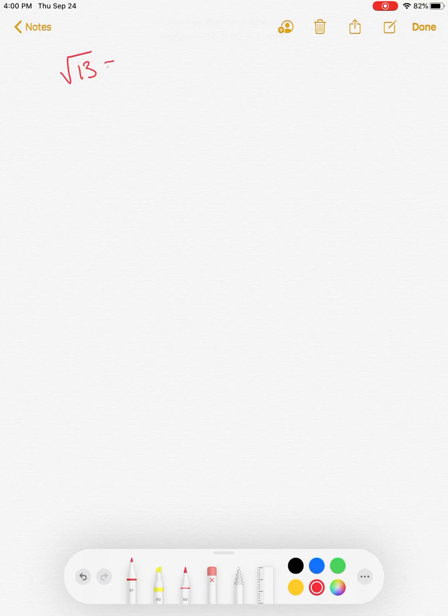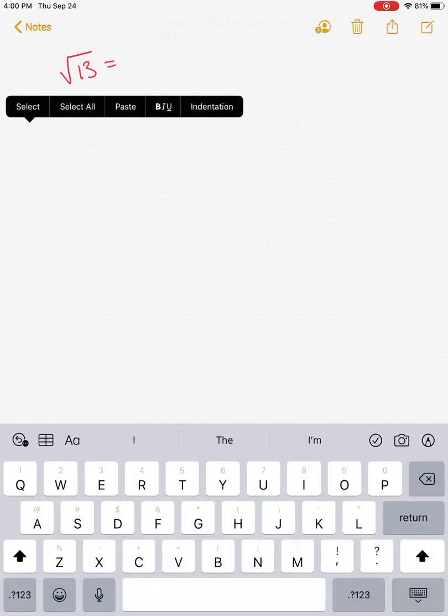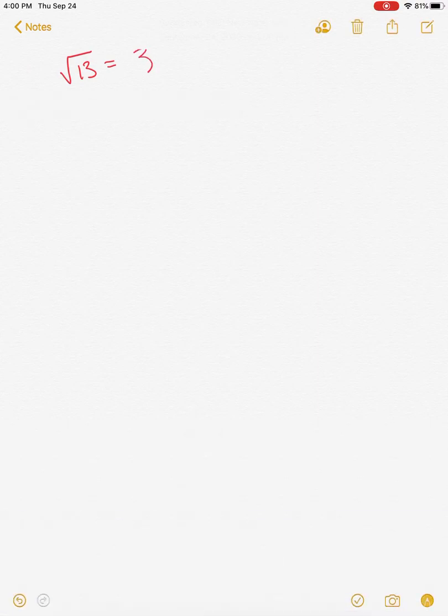You can plug the square root of 13 into your calculator and you get 3.61.